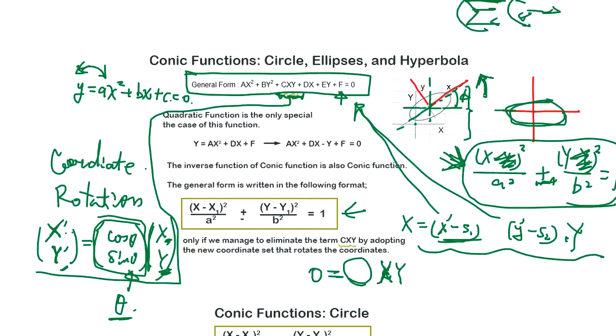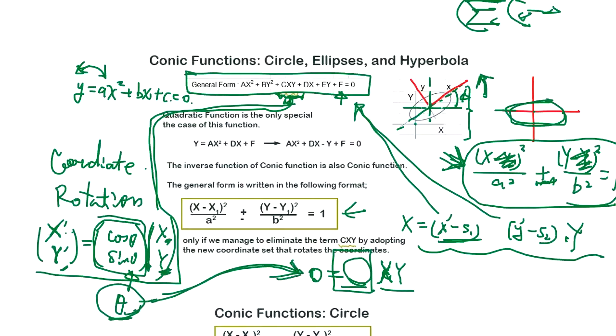So after you plug this in, collect the x'y' term, set it to 0, and find the condition of theta that gives 0, then the xy term disappears. So that's the new coordinate. The new coordinate doesn't have an xy term, so it becomes only x and y. And if you convert the coordinate to the parallel position, then it becomes simple: x squared over a squared.